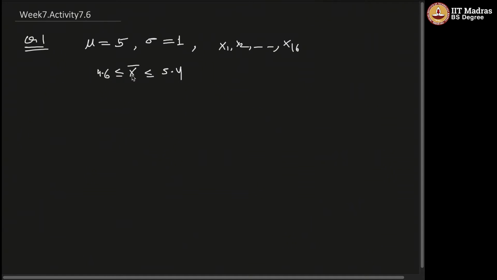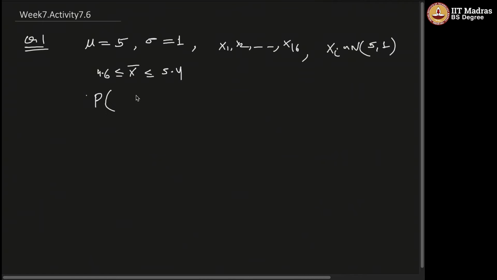That is what we have to find. Each xi is normal with 5, 1, because the standard deviation is 1, then variance will also be 1.